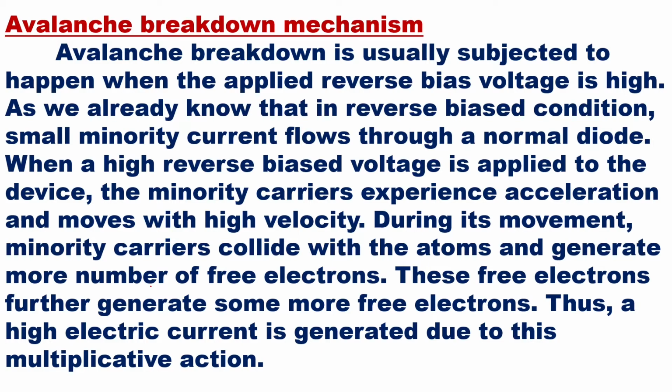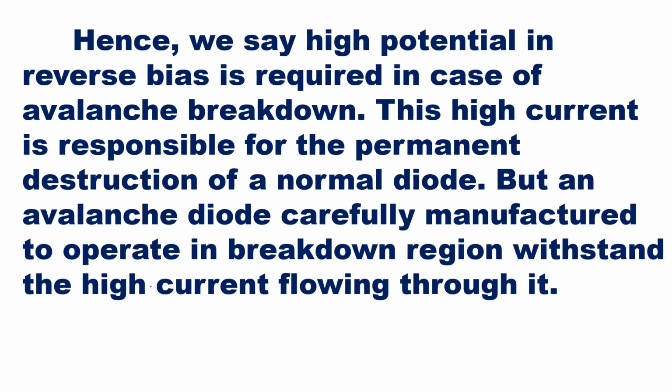During their movement, minority carriers will collide with the atoms and generate more free electrons. These free electrons further generate some more free electrons. Thus, there is a multiplication process of free electrons, and a high electric current is generated due to this multiplicative action. Hence, we say high potential in reverse bias is required in case of avalanche breakdown.